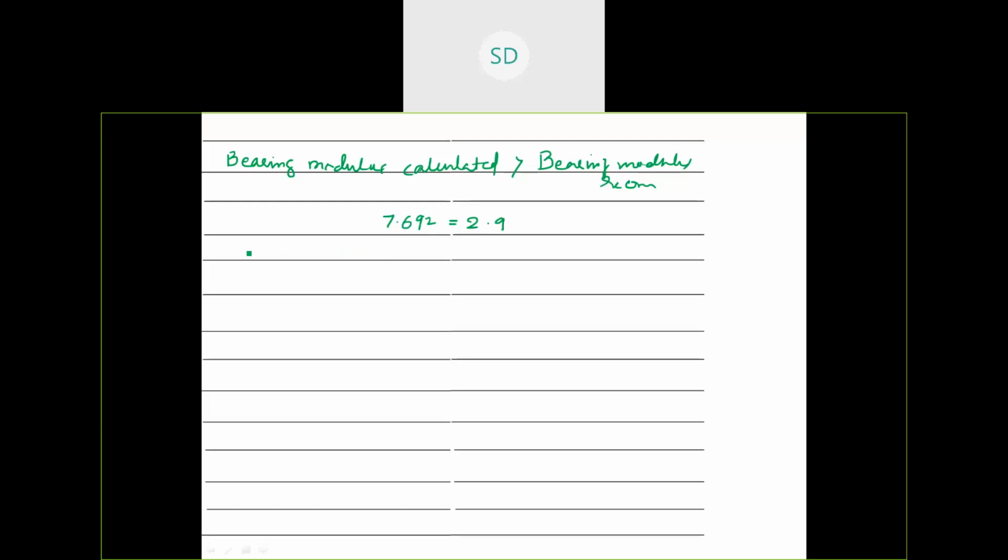Now you just calculate the ratio, 7.692 divided by 2.9. How much are you going to get? 2.652.